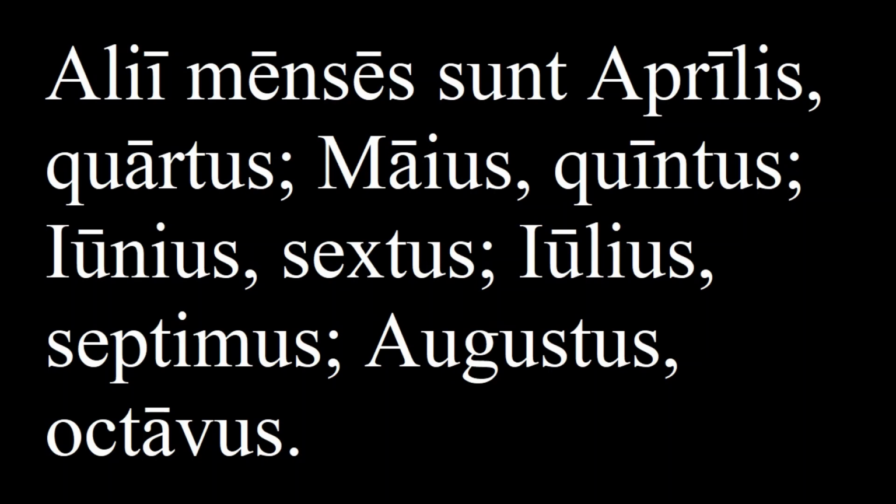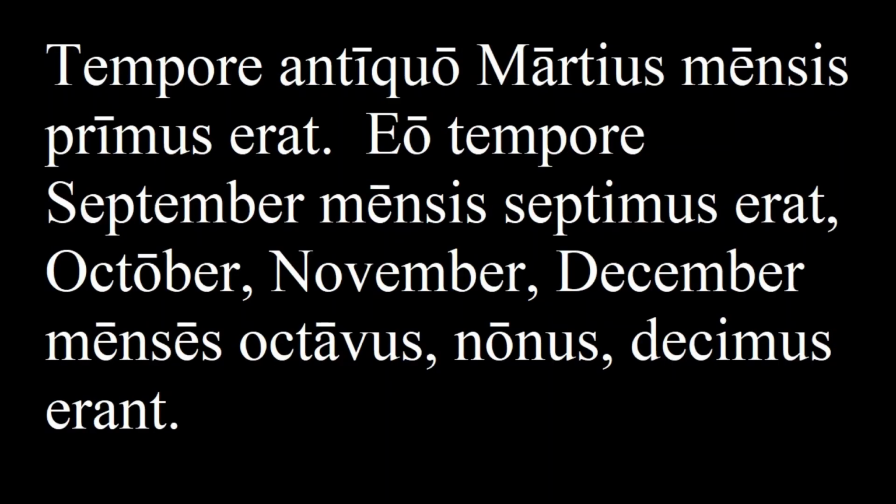Other months are April, the 4th, May, the 5th, June, the 6th, July, the 7th, August, the 8th. Here we have many of the ordinal numbers. And if you've ever wondered why September, October, November, and December are not the 7th, 8th, 9th, and 10th months, here's why. Tempore antiquo Martius mensis primus erat.